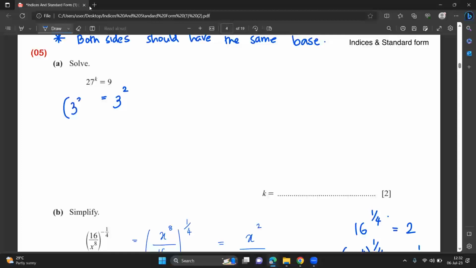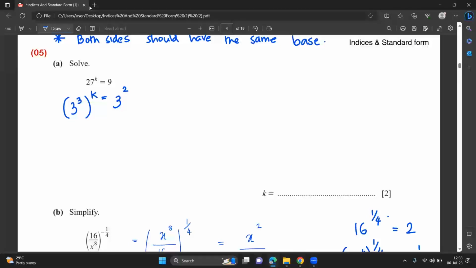So you say 3 cube instead of 27 and rewrite your equation this way. Our goal is to make the bases the same. We know 3 to the power 3 gives you 27 and 3 to the power 2 gives you 9. Is there any other number I can use for the base, or is this the only possible one? Only possible one is 3.